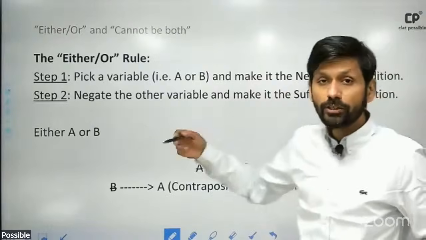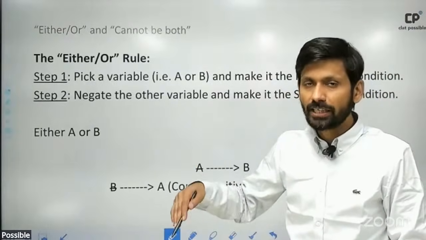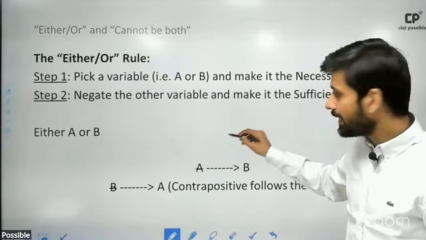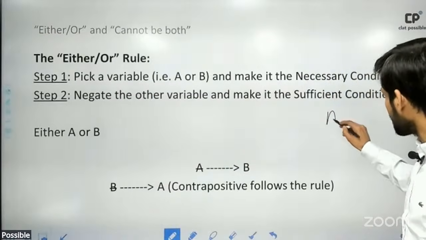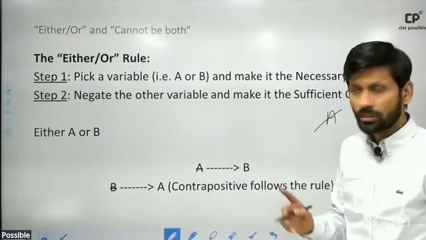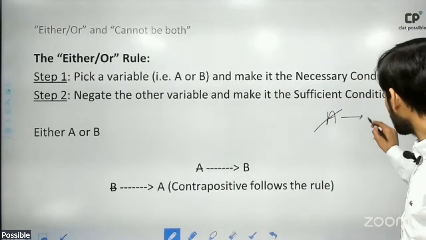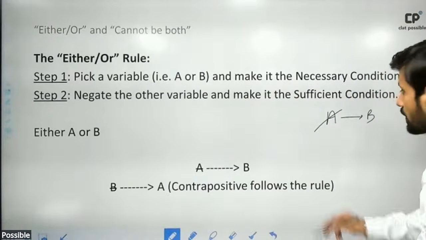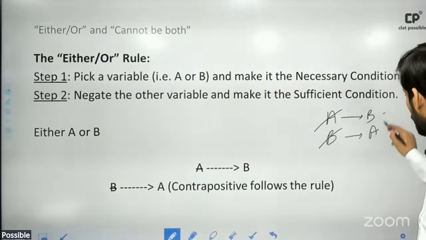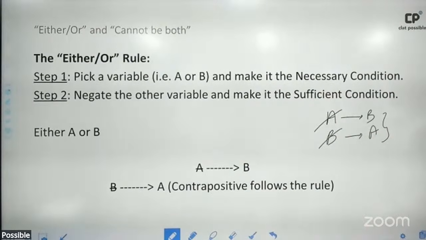So how do we draw it? One of them is definitely true, how will we draw that? If not A, I'll write it here separately. If it is not A, because one of them is definitely true, then it is B. If it is not B, then it is A. Now, if you look closely, they are also contrapositives: reverse and negate, reverse and negate.